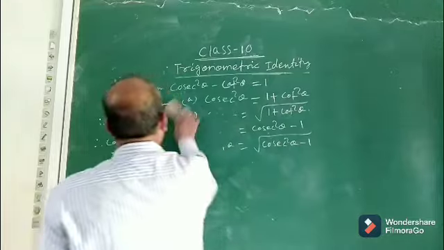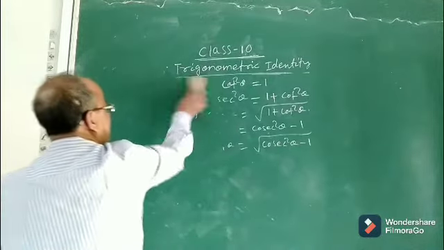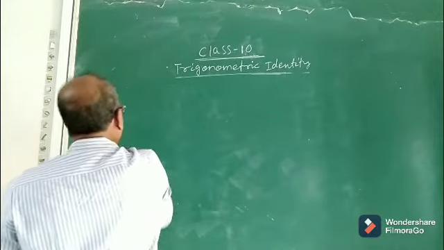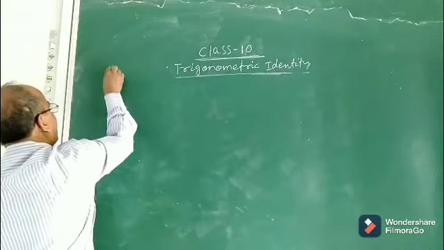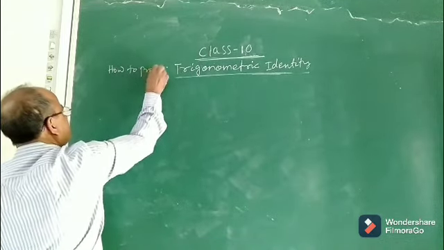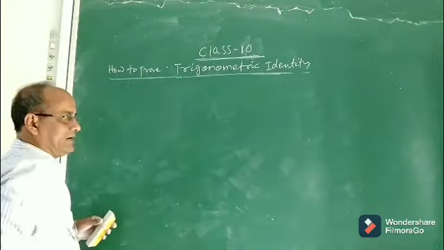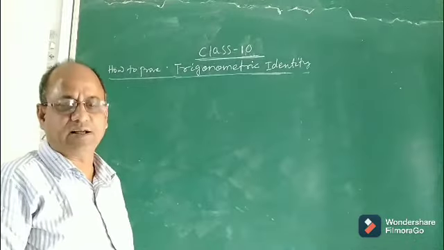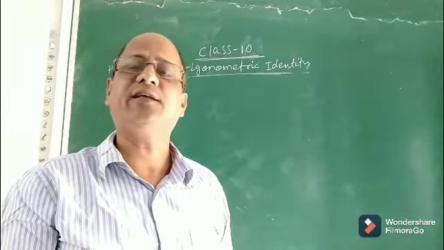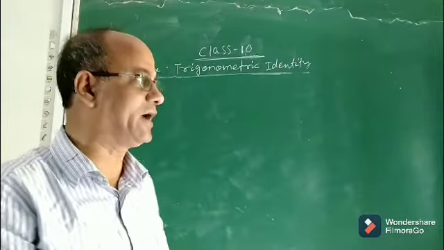So let us see how to prove a trigonometric identity, what are the methods of proving a trigonometric identity. Now see children, there are three methods to prove any trigonometric identity.